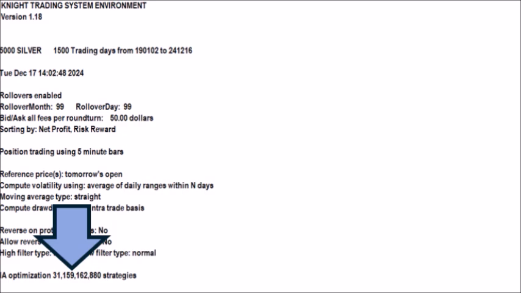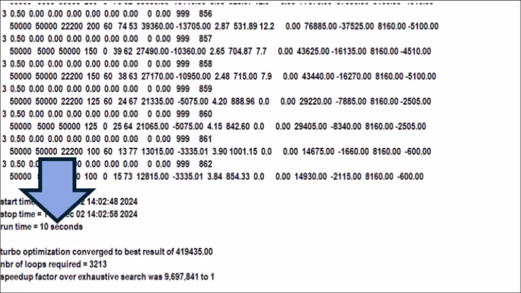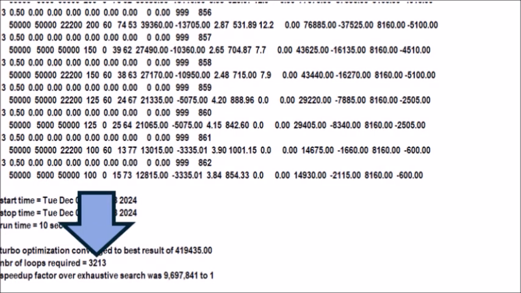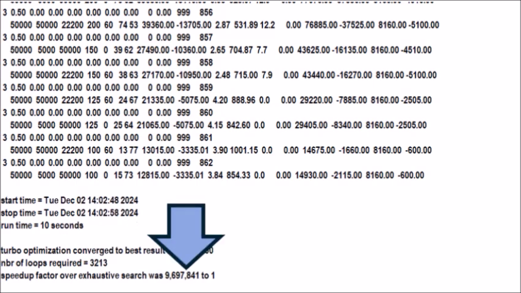And this 31 billion possible combinations is just one of the 4,800 execution files. Because of the algorithms, each of the 4,800 files takes an average of only 10 seconds to run, requiring an average of only 3,213 loops, which is a speed-up factor versus an exhaustive enumeration of 9,697,841 to 1.